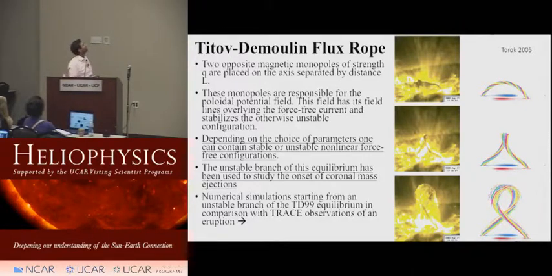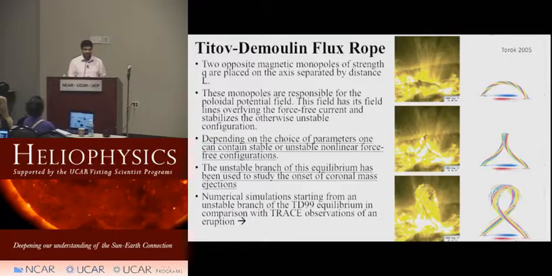Again, I've gone into a lot more detail here for you to have a handle on exactly what's going on with the Titov-Demoulin flux rope. Two opposite magnetic monopoles of strength Q are placed on the axis, separated by the distance L. These monopoles are responsible for the poloidal potential field.